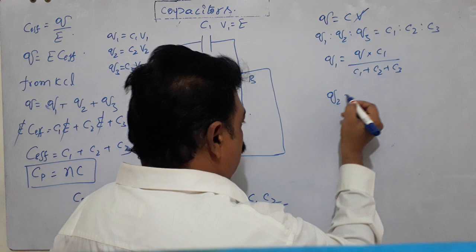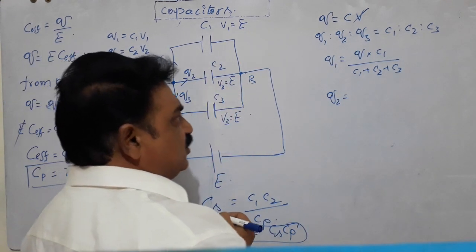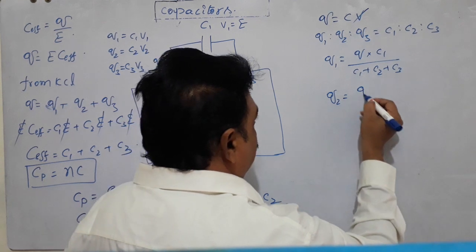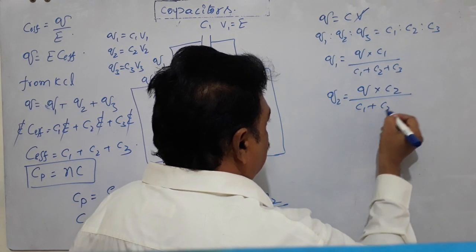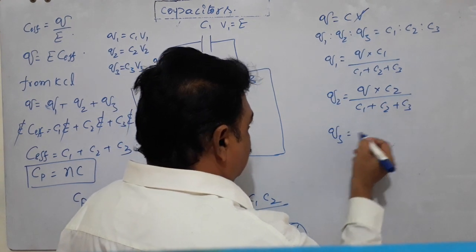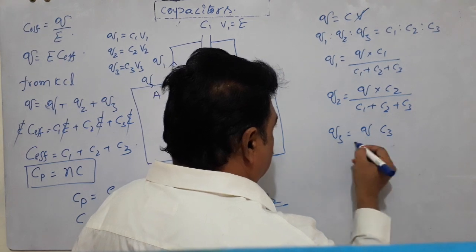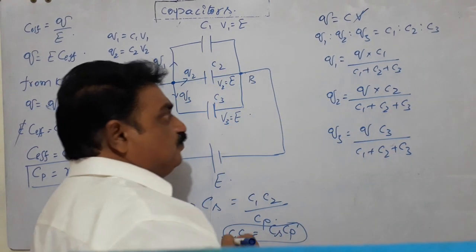Q2, the charge accumulated on the second capacitor, is Q into C2 by C1 plus C2 plus C3. And similarly, Q3 is equal to Q into C3 by C1 plus C2 plus C3.